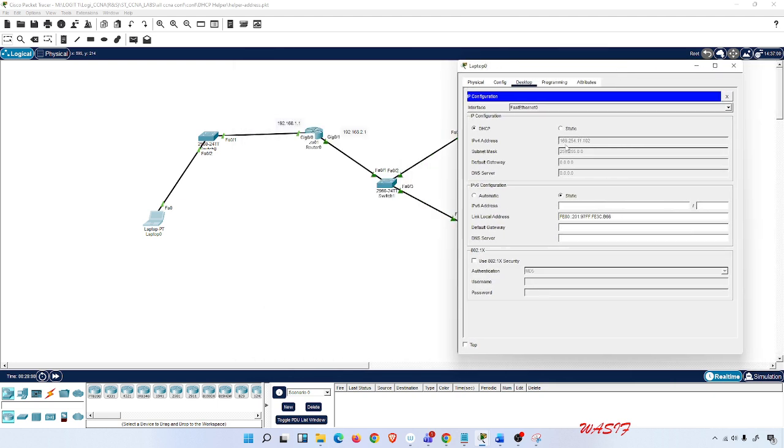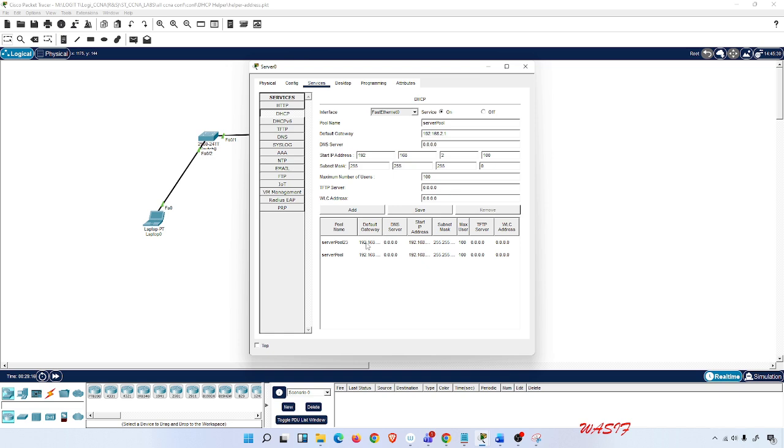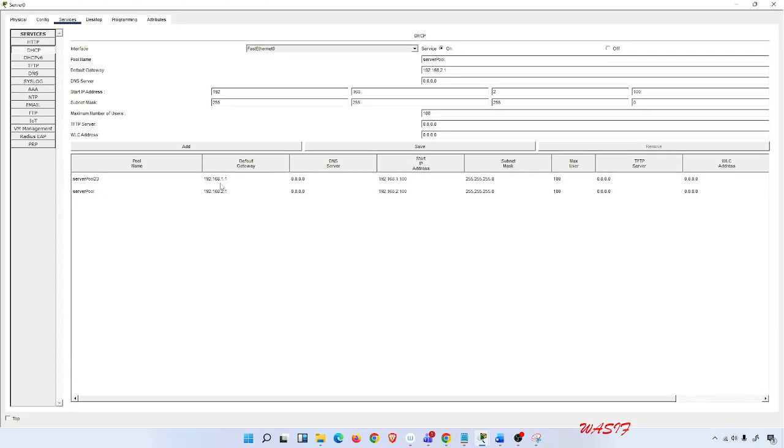He wanted to get an IP address, and he got 169.254. If you have already watched the DHCP video, you know this is APIPA. This IP address is of no use. Now we already know that this server has DHCP configured for the 1.0 network as well.